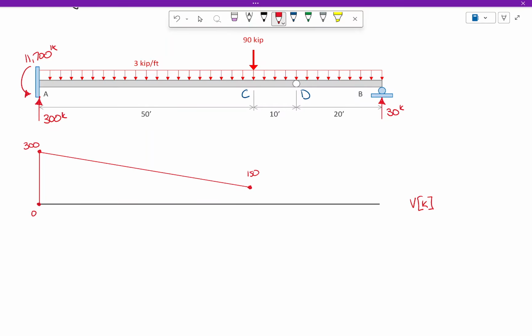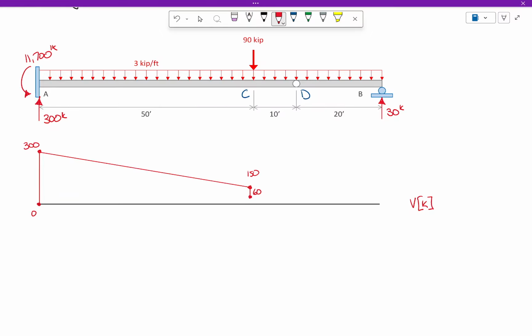That's at 150. Now what happens right here? You go down 90. Which puts me at what? Now again, that point D, we're going to ignore it. It's just a point on the beam. Think of it as a point of interest. So what happens from C to B? How far do we go down? 90.